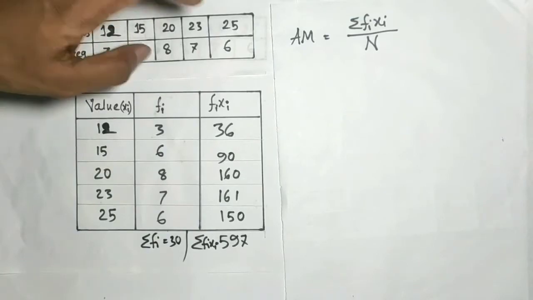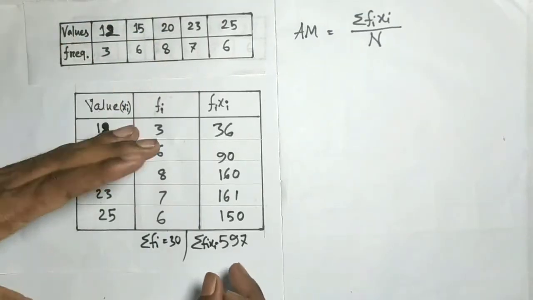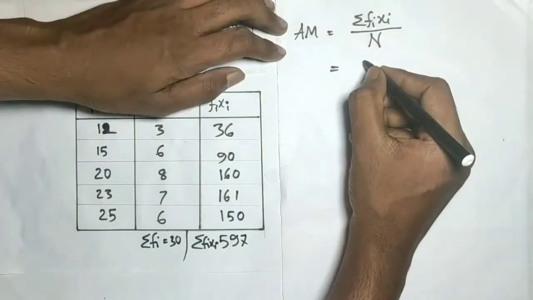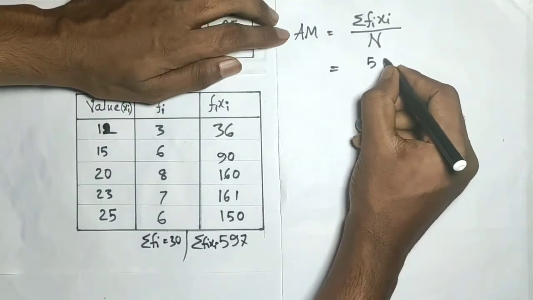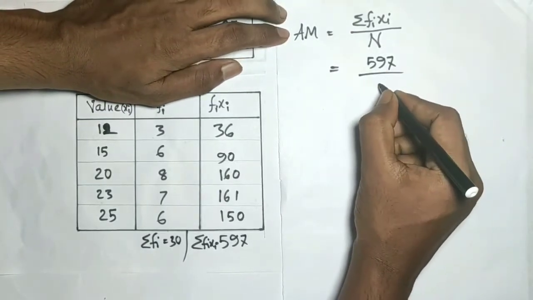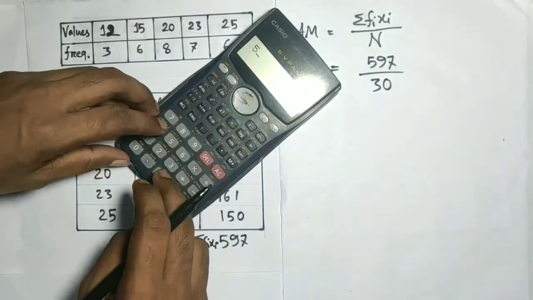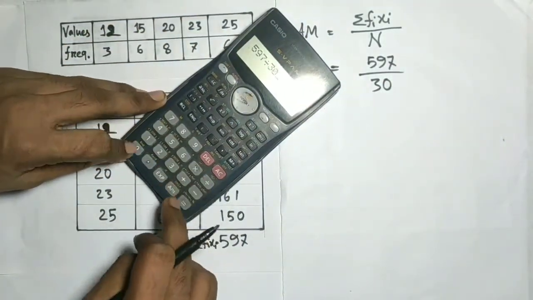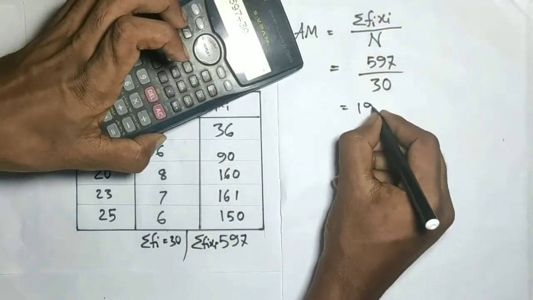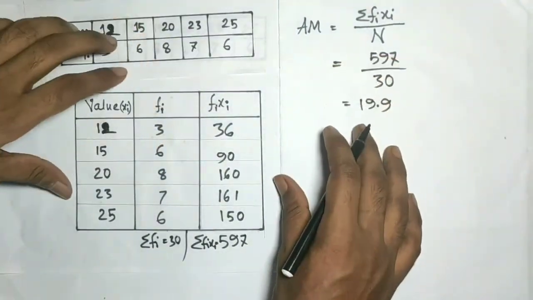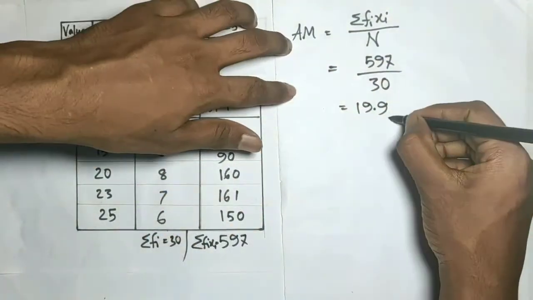So we just have to put the values into the formula. The summation of fi xi is 597 and the total number of observations is 30. Using a calculator, 597 divided by 30 is equal to 19.9. So the arithmetic mean for this discrete series is 19.9.